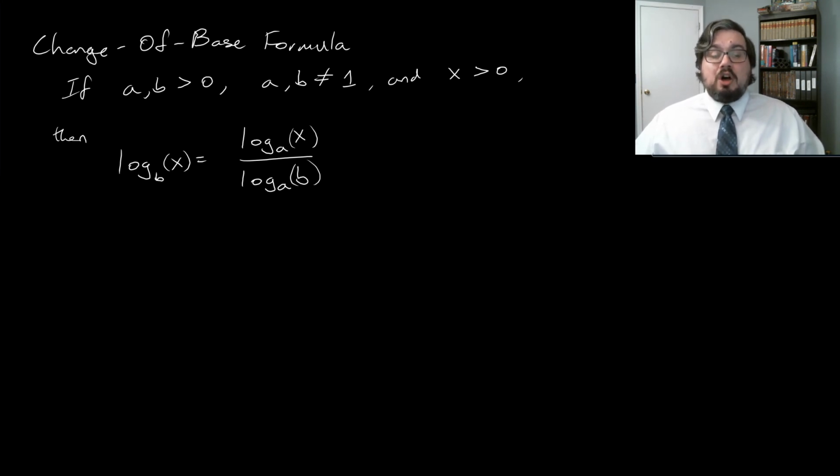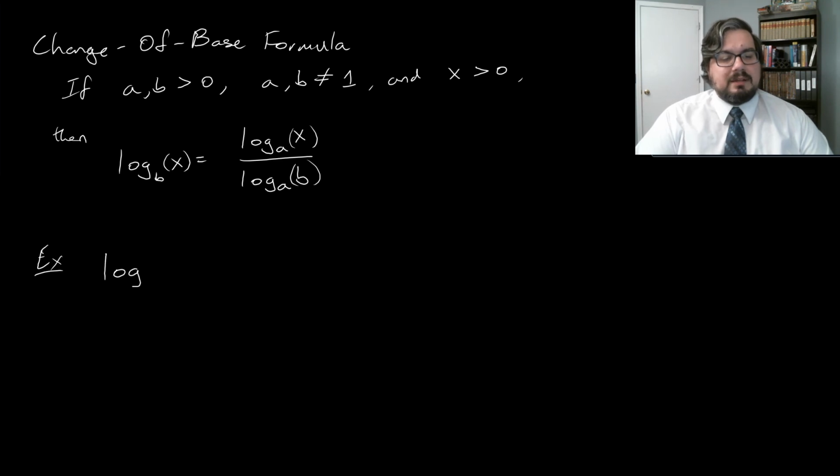We are almost always going to use the bases of 10 or e because usually we're doing this so that we can plug a logarithmic expression into a calculator and approximate things that way. So let's see an example or two about how we use this, and then we'll see how we might go about proving this.